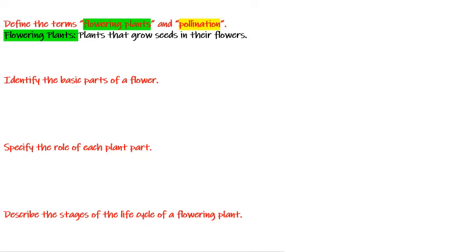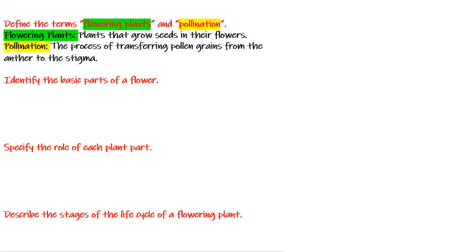What about pollination? Pollination happens when pollen moves from the anther to the stigma. That's right. And pollination happens with the help of the wind or with pollinators like bees, butterflies, some birds. What are the four basic parts of a flower, guys?